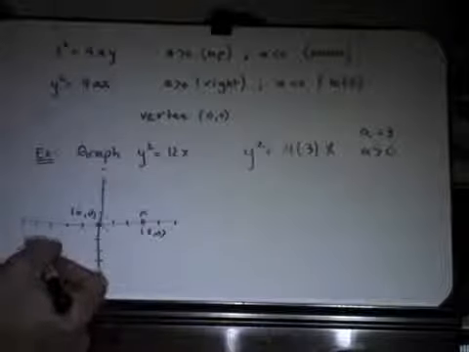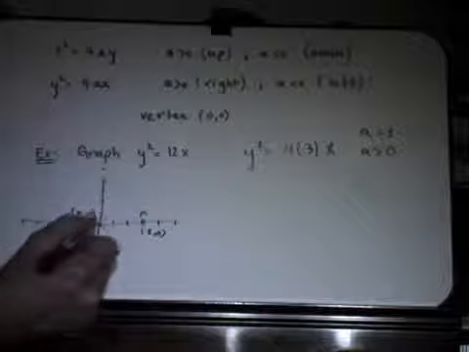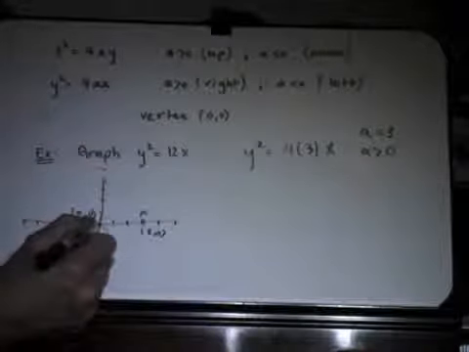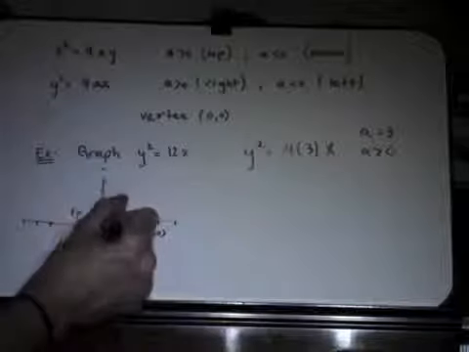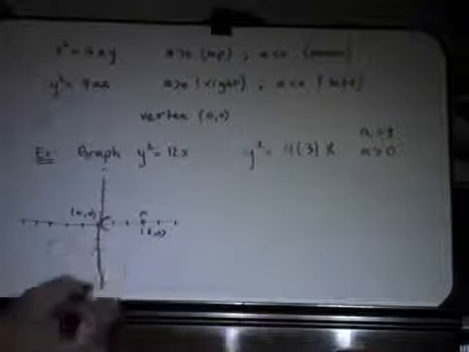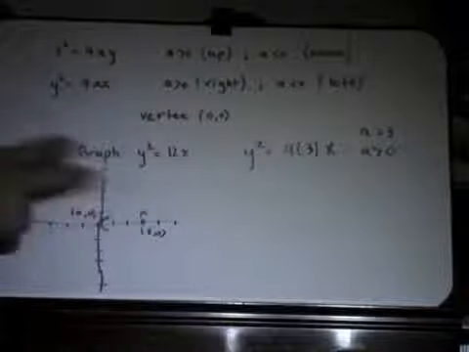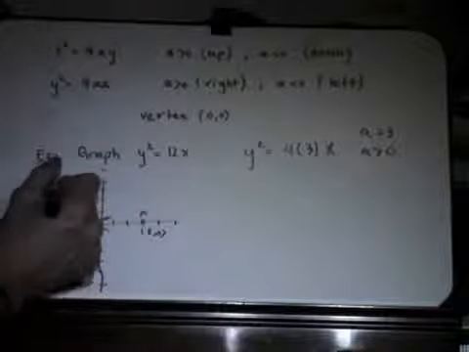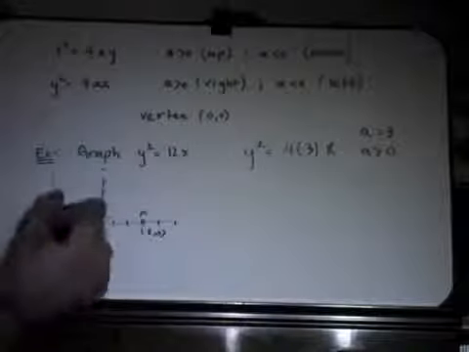Now, my focal point is 3 units inside the parabola. That's true. My directrix line is also 3 units on the back side of the vertex. So I'm going to go 1, 2, 3 units back here, and since my parabola is opening to the right, the axis of symmetry for the parabola is a horizontal line, and therefore my directrix line is going to be vertical, perpendicular to the axis of symmetry.